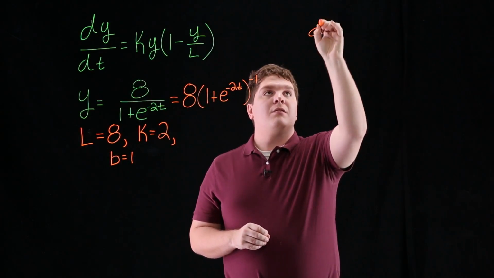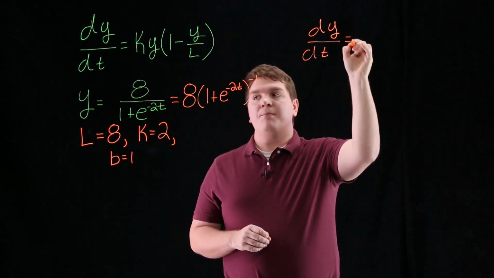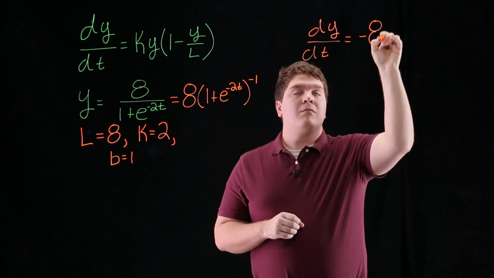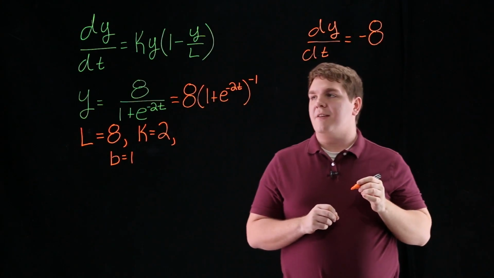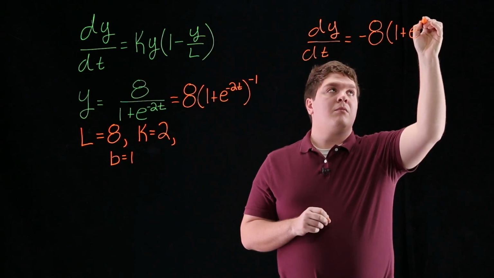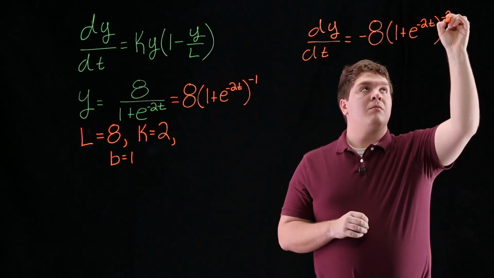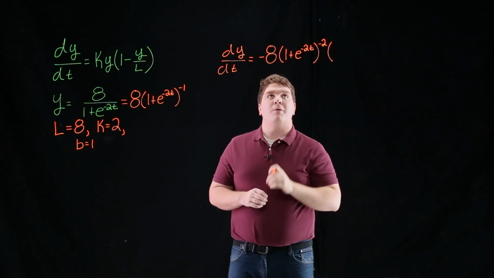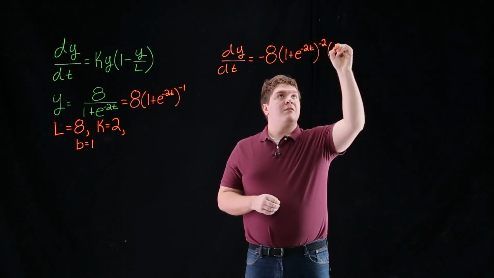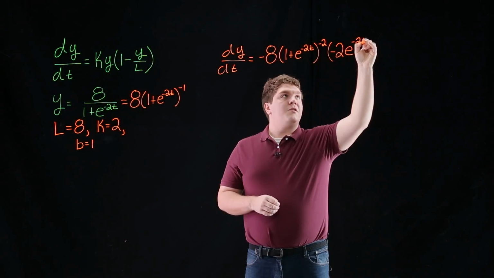So first of all, we have dy/dt is going to be negative 8 times 1 plus e to the negative 2t to the negative 2. And we have to multiply this by the derivative of 1 plus e to the negative 2t, which is going to be negative 2 times e to the negative 2t.